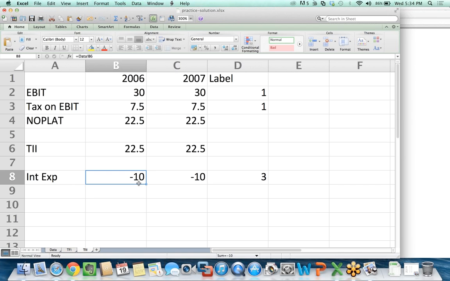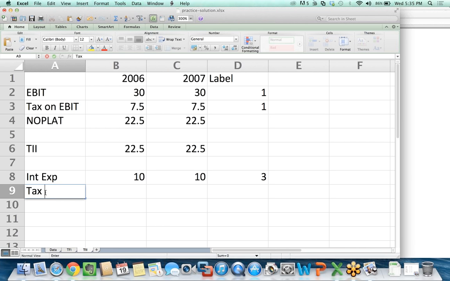I have income, so therefore I can pay that income out. The positive income is a positive distribution. If I have a loss, a negative number, I would have a negative inflow. So again, I'm going to have to flip this sign to match that convention, and that would be my interest expense. Except here's the thing.